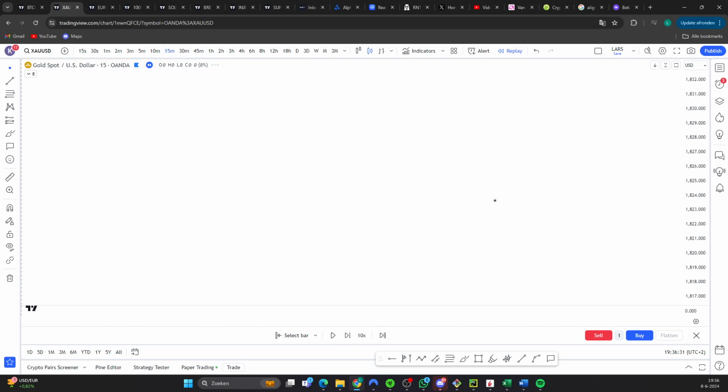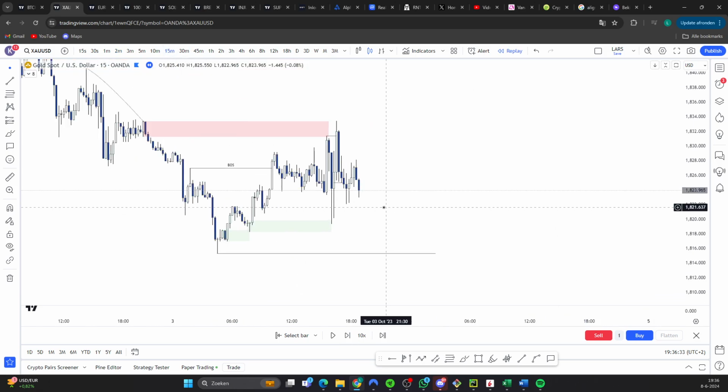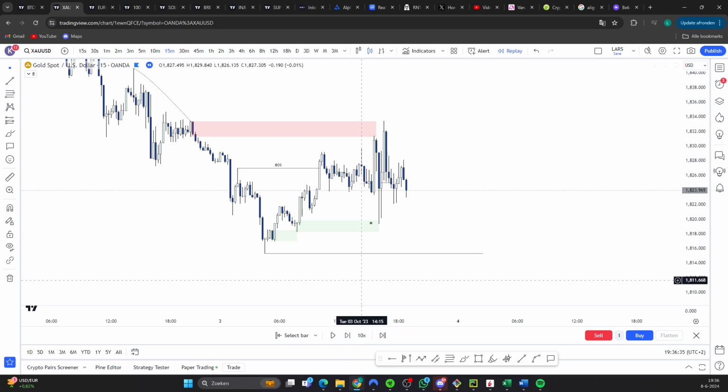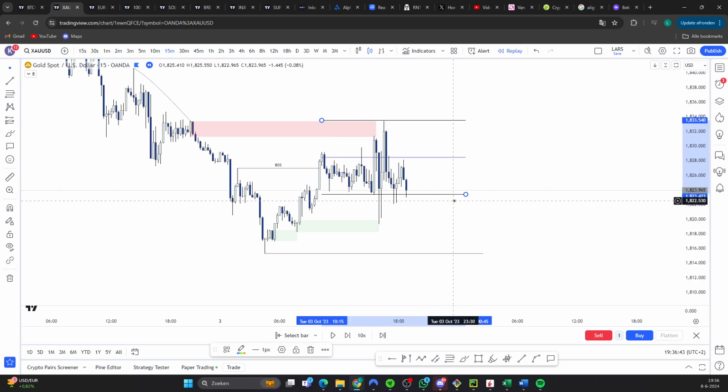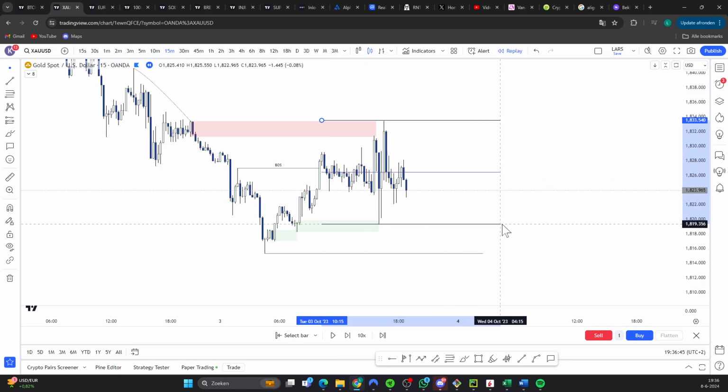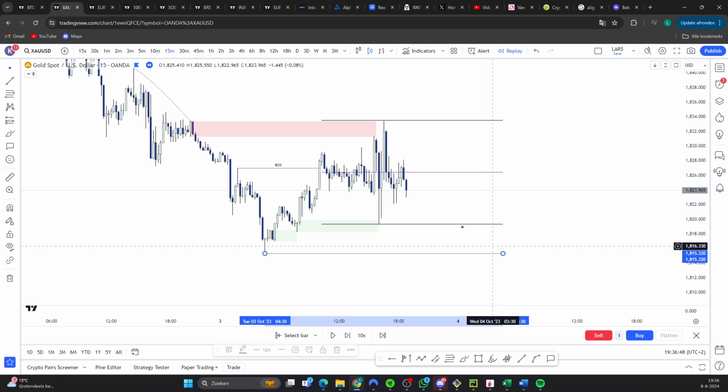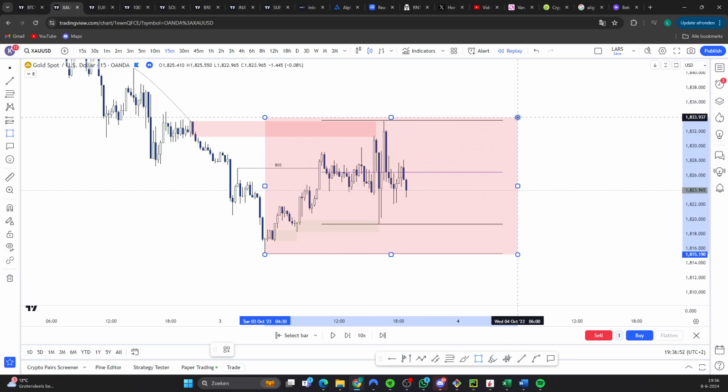Now we're clearly ranging here. Clearly ranging. If we break down from this range, I'll neglect this one and I'll pull this one. Okay.